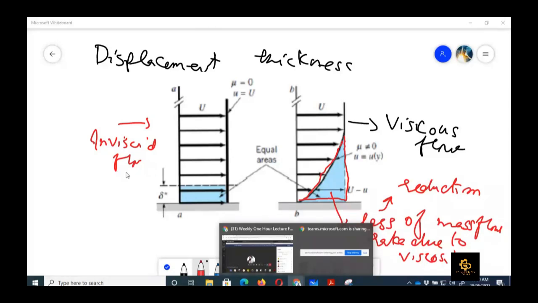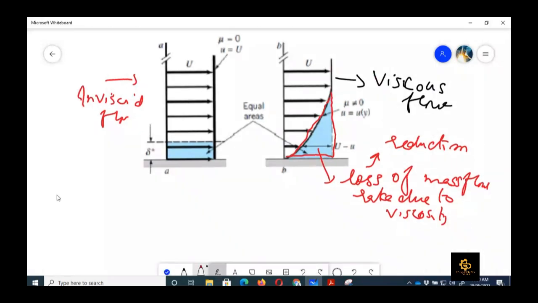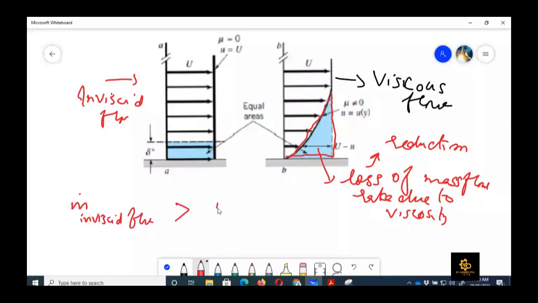We can write here that the mass flow rate of inviscid flow is greater than the mass flow rate of viscous flow. As we have discussed, because the velocity in the viscous region is less than the velocity in the inviscid region, the mass flow rate would be less. So now we define a parameter which is called displacement thickness.